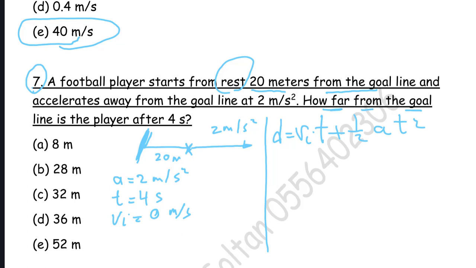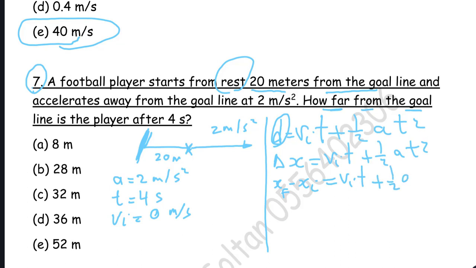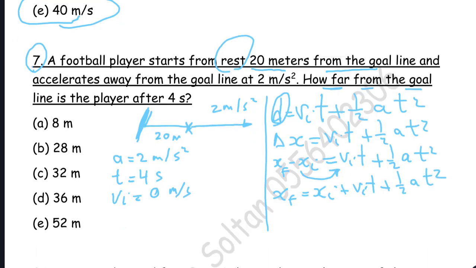If we use displacement instead of d, we can write it like that: delta x equals v initial t plus half a t squared. Delta x here means x final minus x initial, right? Move x initial to the other side, so x final equals x initial plus v initial t plus half a t squared.